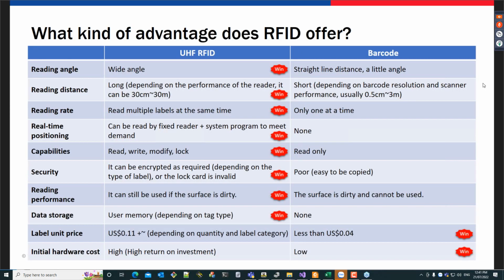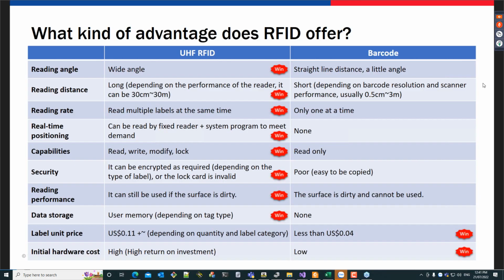Okay, so here's the comparison table between RFID and the barcode. What kind of advantages does RFID offer? You can see on this table that RFID can have a wider reading angle, because for the barcode we can just use the contact type to read it.